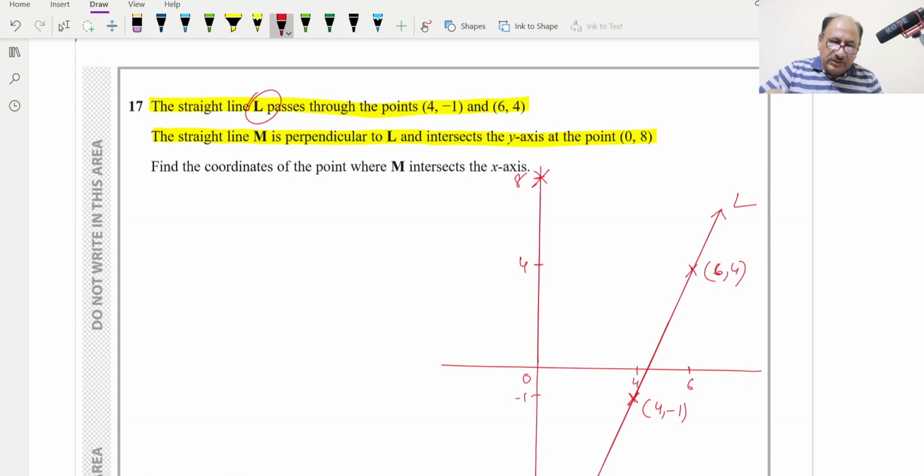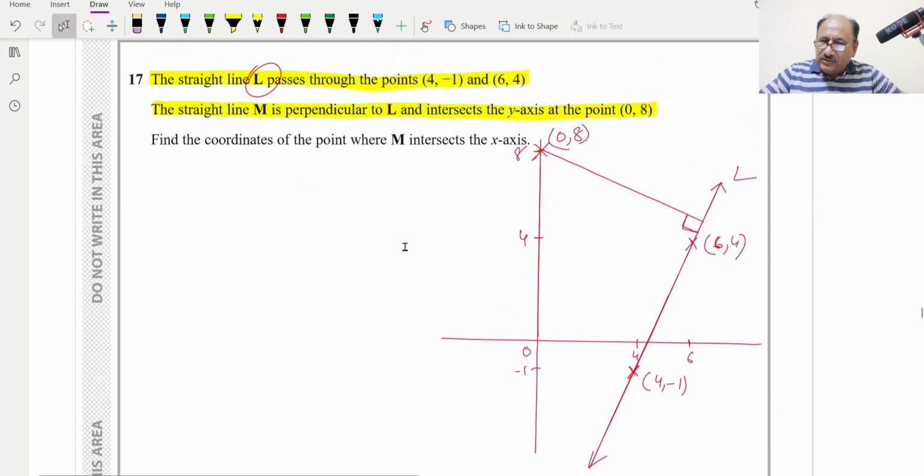So the straight line M is perpendicular to the line L and intersects the y-axis at this point. So perpendicular to this line, it means making an angle of 90 degrees. Now we have the coordinates of this point, which is (0, 8), and we can find it. This is line M.